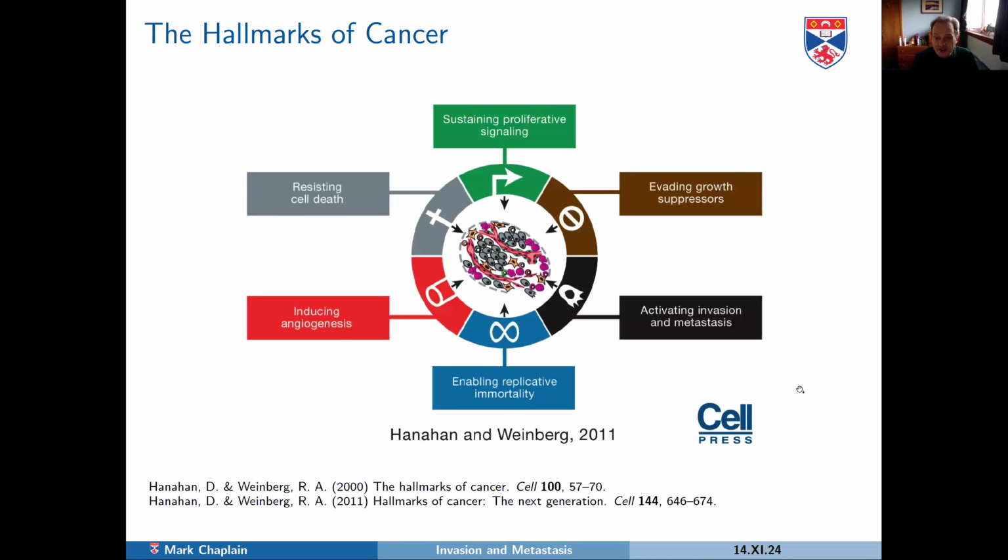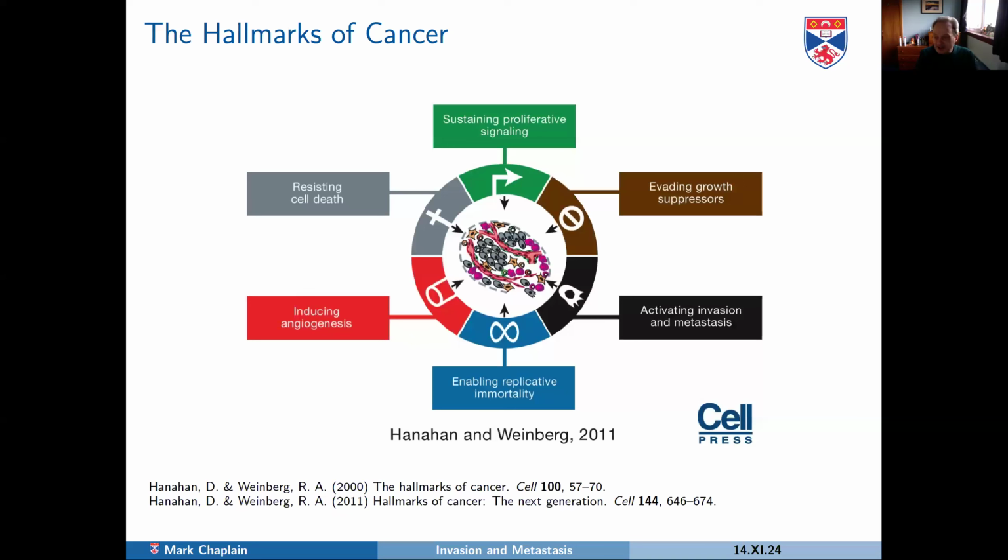So this is a famous image that a lot of us use in mathematical oncology. It's from the 2000 paper of Hanahan and Weinberg, The Hallmarks of Cancer, often just referred to as Hanahan and Weinberg. And in this paper, now cited tens of thousands of times, Hanahan and Weinberg focused in on what they felt were the key differences between cancer cells and normal cells, and massive cancer cells, i.e. a solid tumor, let's say, and normal tissue.